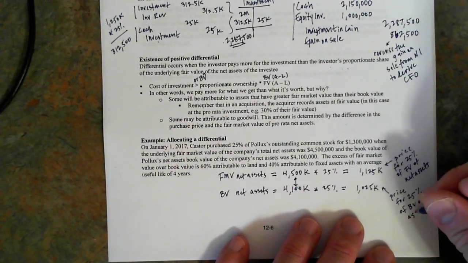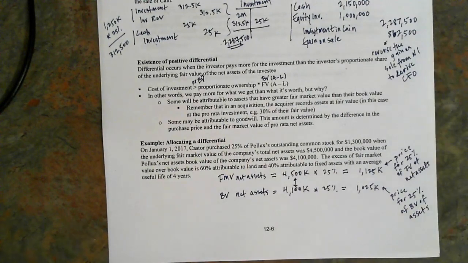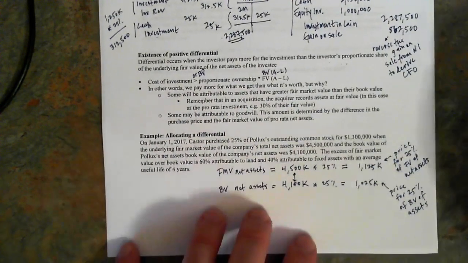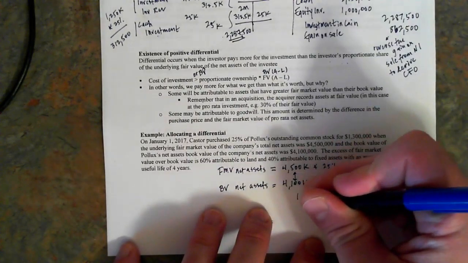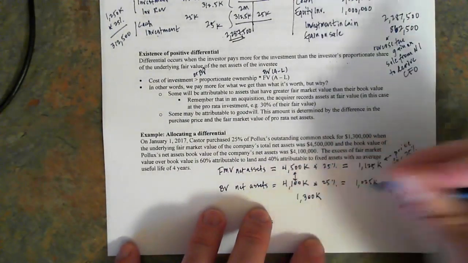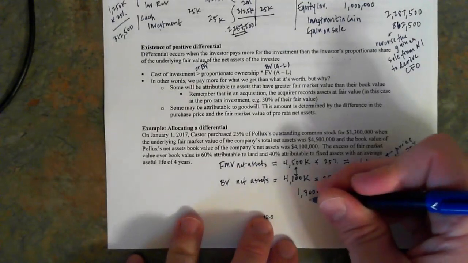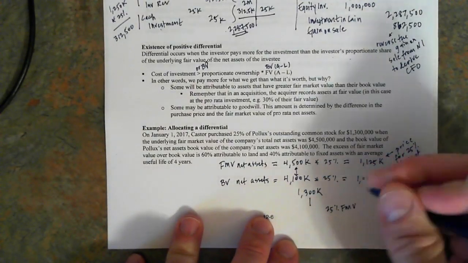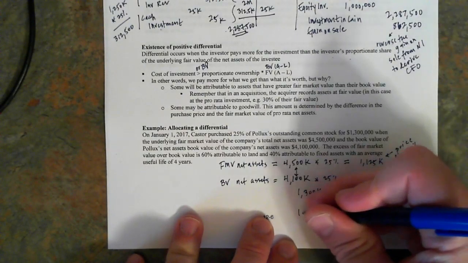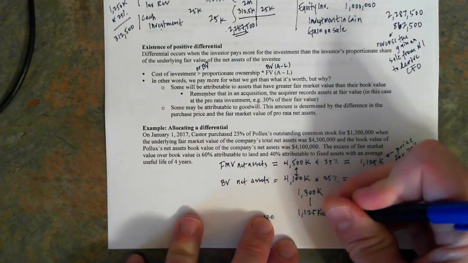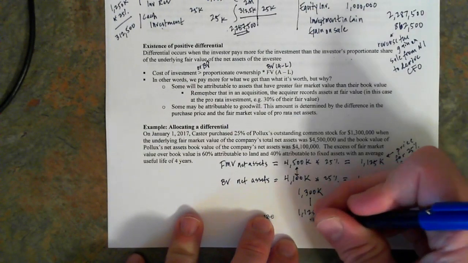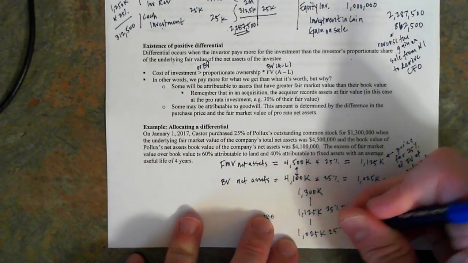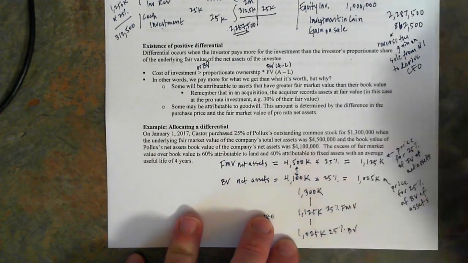Then we have to figure out, well, where did that price differential go? Because I ended up paying $1,300,000, which is above the 25% of the fair market value of the net assets, which was $1,125,000, which was above $1,025,000, which was 25% of the book value.